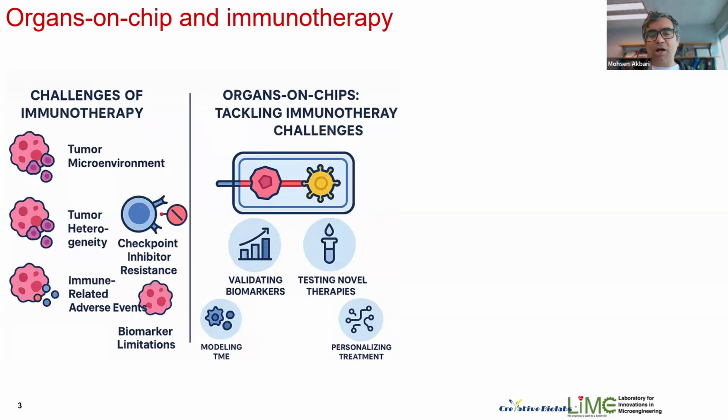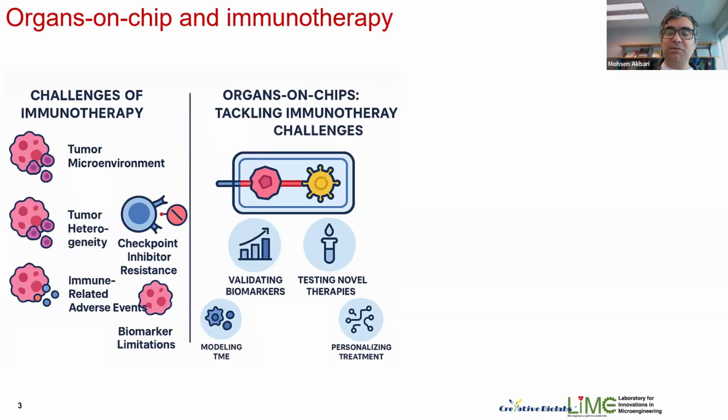There are also other immunological complexities that traditional models fail to mimic. For example, resistance to checkpoint inhibitors, immune-related adverse events, and also biomarker limitations are among those parameters that traditional models cannot mimic.